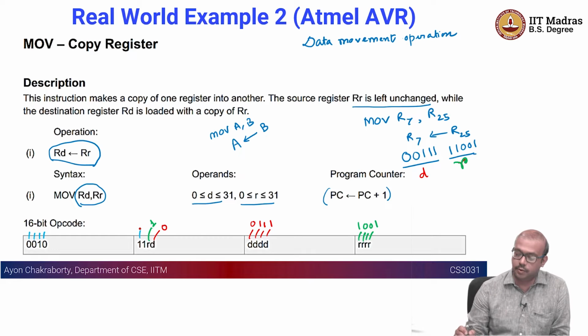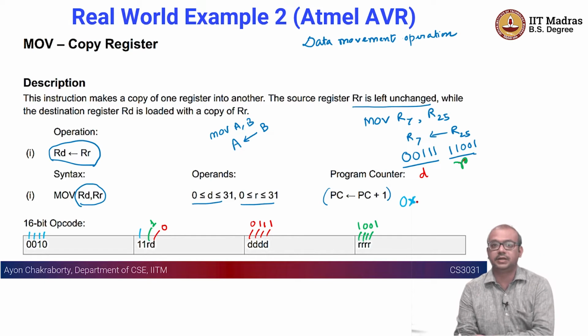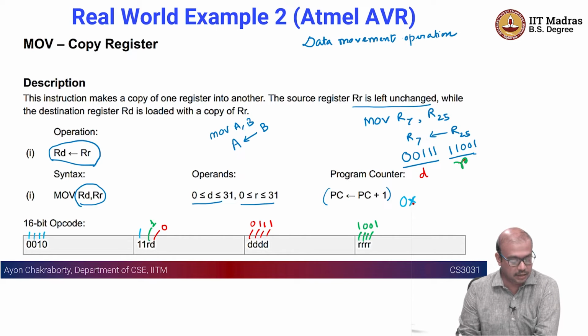The machine code is going to become 0x, because I am using a hexadecimal notation, and then 0010 is 2, so you can always write 2. Then this is 1, 1 is given, RD is 10, right?